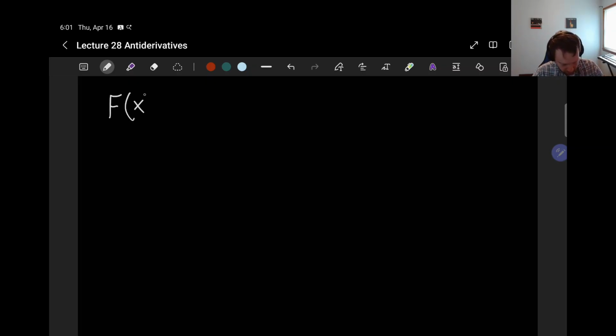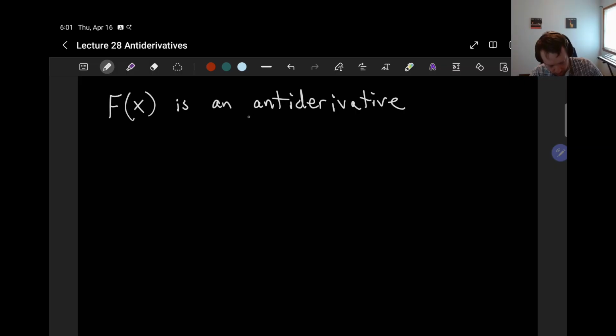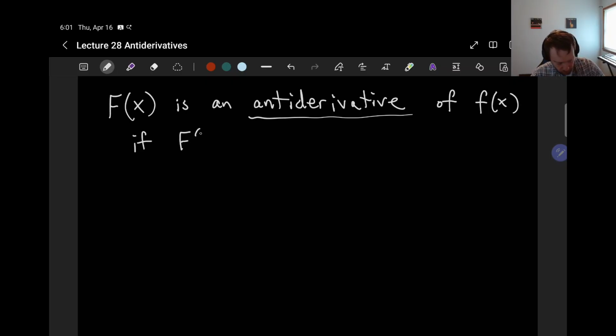Well, let's consider this capital F of x. Capital F is an antiderivative of little f of x if the derivative of capital F is little f.